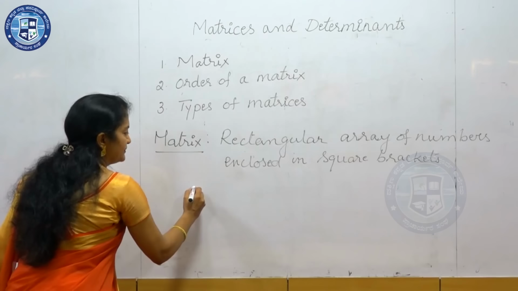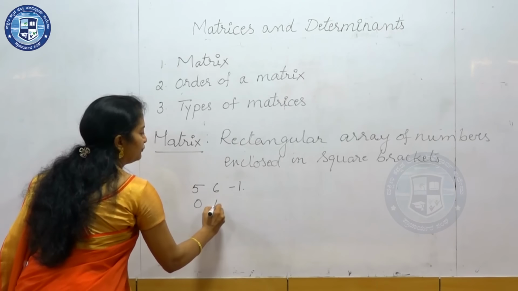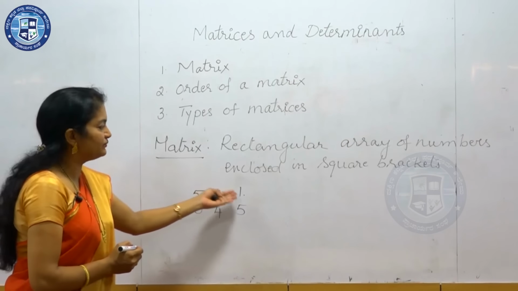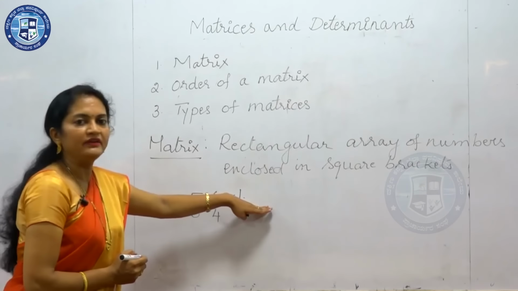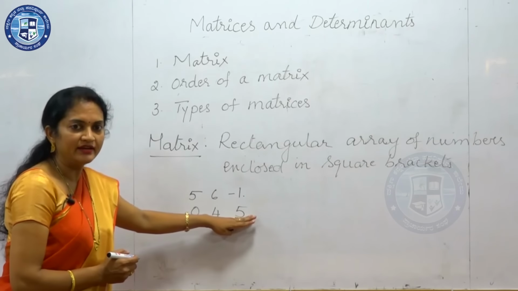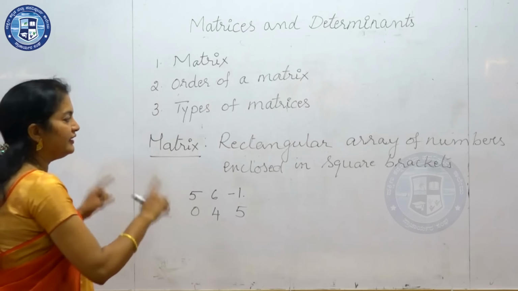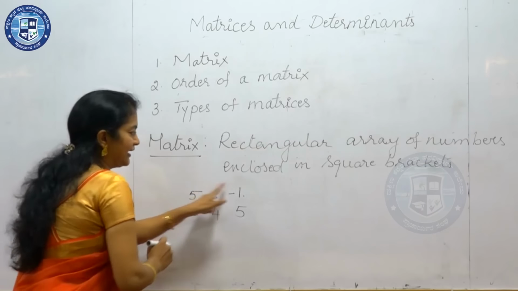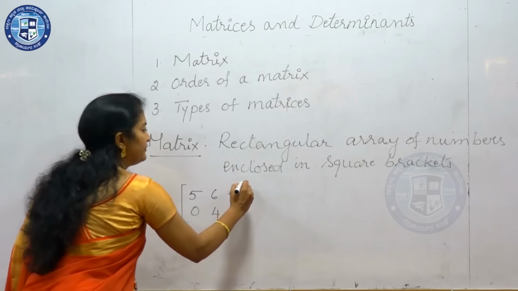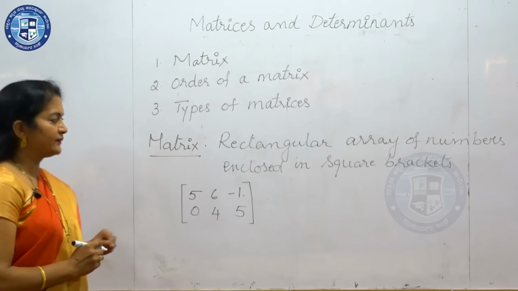Suppose you take the numbers 5, 6, -1, 0, 4, 5. Here you can see 5, 6, -1 are forming one horizontal line, and 0, 4, 5 is forming another horizontal line. So in total these numbers are forming a rectangular form. If you put this rectangular array of numbers in square brackets, then this is called a matrix.